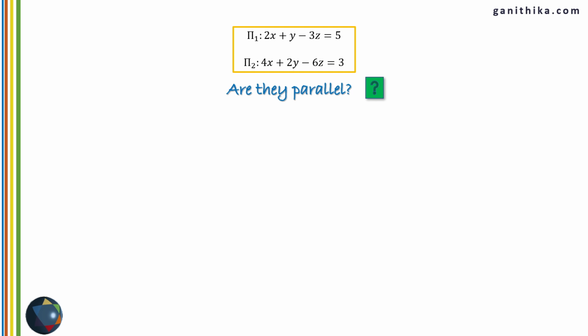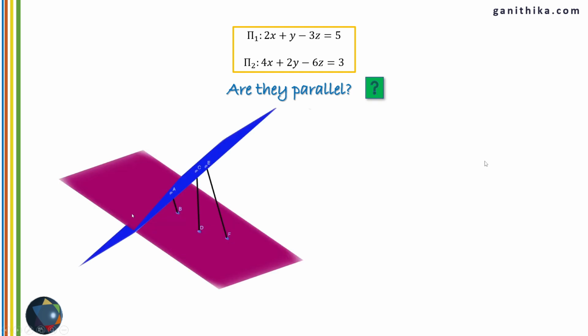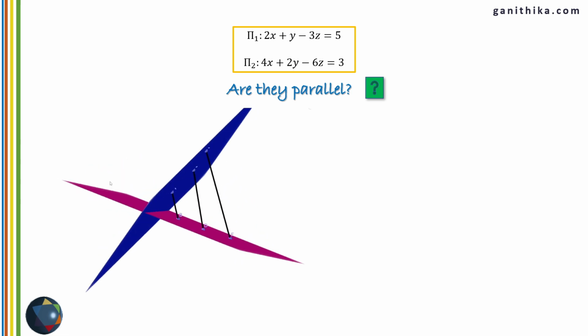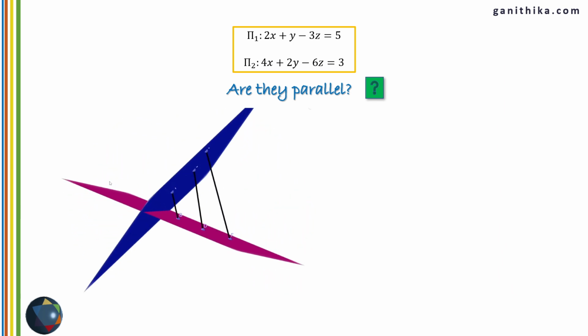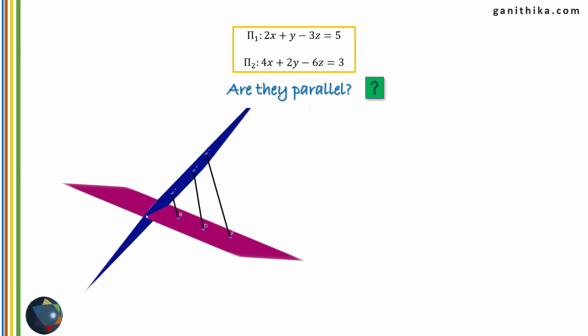Why is this important? What happens when the two planes intersect with each other? You can see that when two planes intersect like this, the distance between them is not constant. In fact, the distance at the place where they meet is 0.